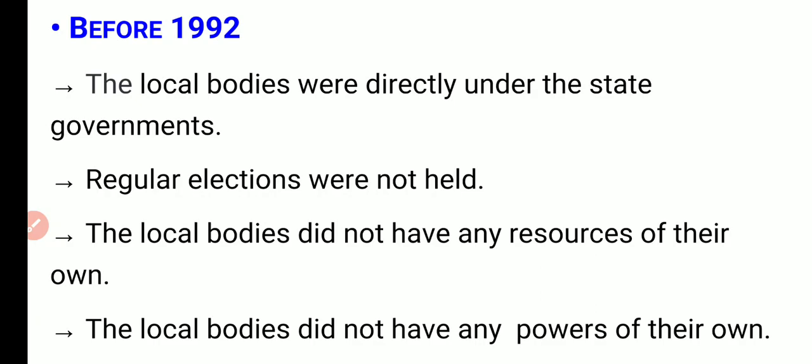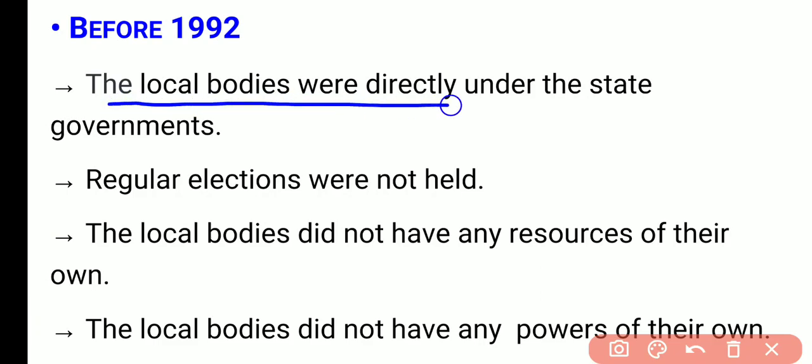So before 1992, the local government was not effective. Why? First, the local bodies were directly under the state governments. They were not independent, they were not free to take their own decisions. So the first drawback was that the local bodies were directly under the state government.